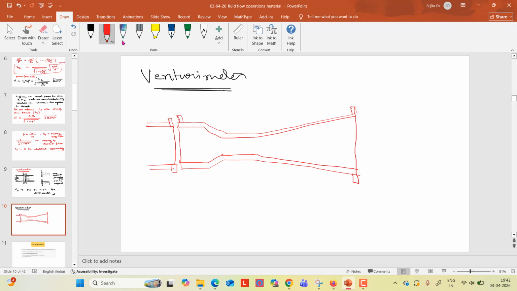So it is bent at a certain angle. Suppose fluid is coming from here. Okay. So this bend can be of 20 to 23 degrees. Okay. This angle is of 5 to 7 degrees around.